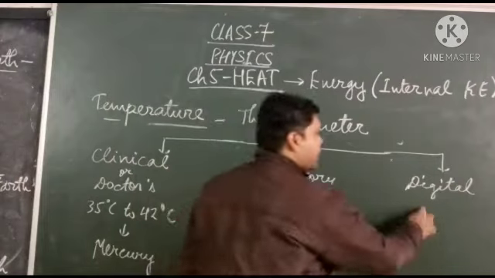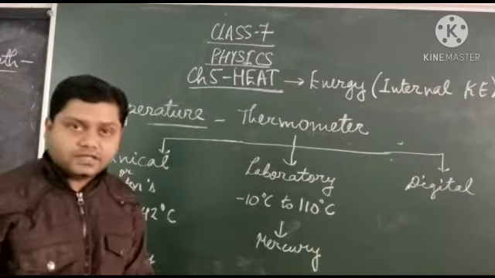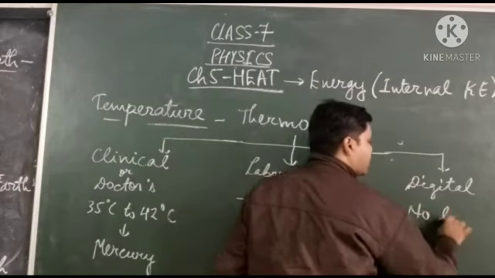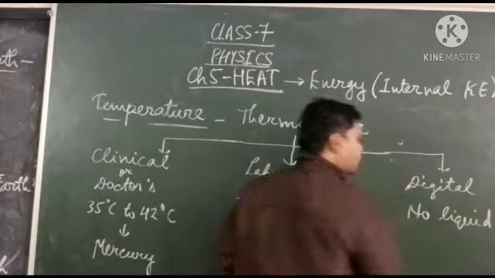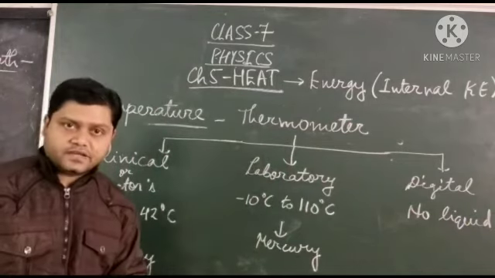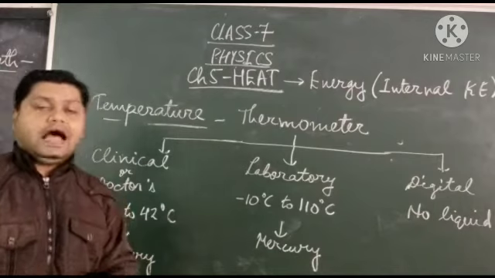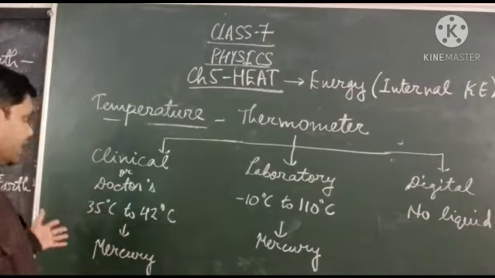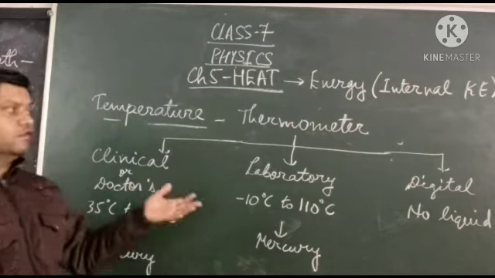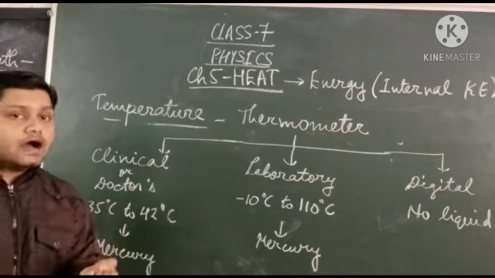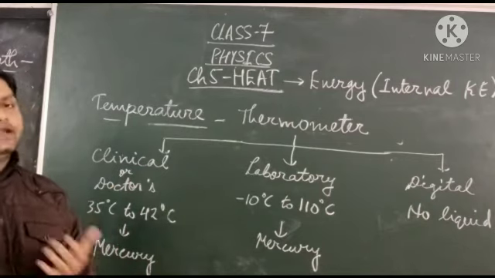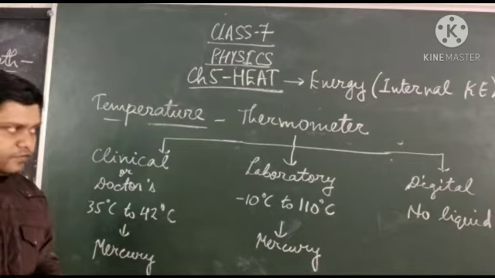The third type of thermometer is the digital thermometer. These are widely used nowadays and use no liquid. Mercury is not used because mercury is a toxic substance. It is quite poisonous, and if by mistake the thermometer breaks, we may come in contact with mercury, and that may damage our skin or harm us in one way or another.